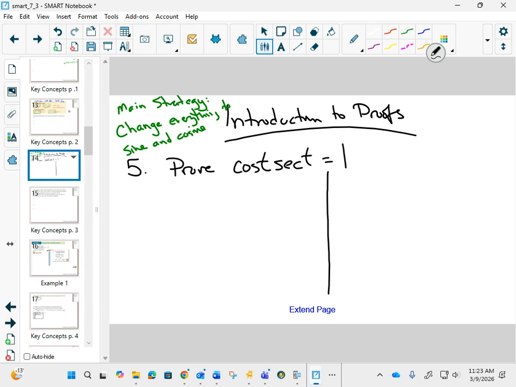And we're going to use the main strategy of changing everything to sine and cosine. So, will I change cosine? No, it's already cosine, so I'm going to rewrite it. Cos of t. Can I change secant of t to sine and cosine? Yes. What is secant of t equal to? It's equal to 1 over sine or cos? Cos. 1 over cos.